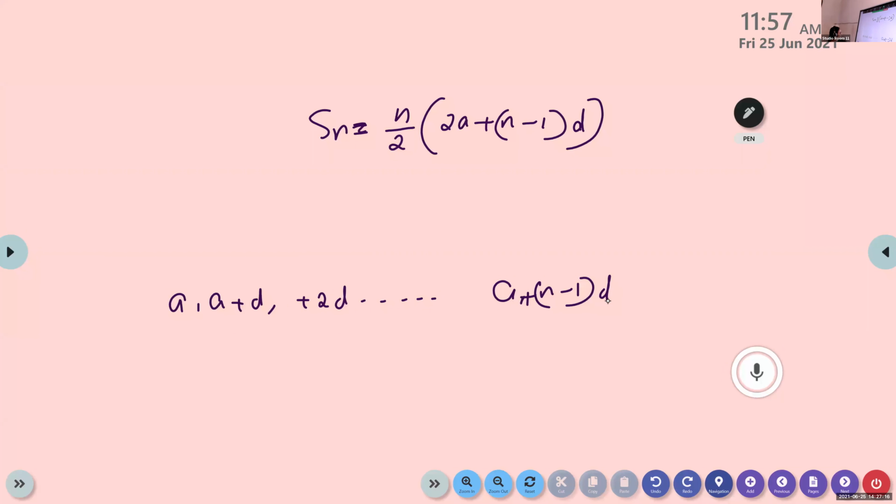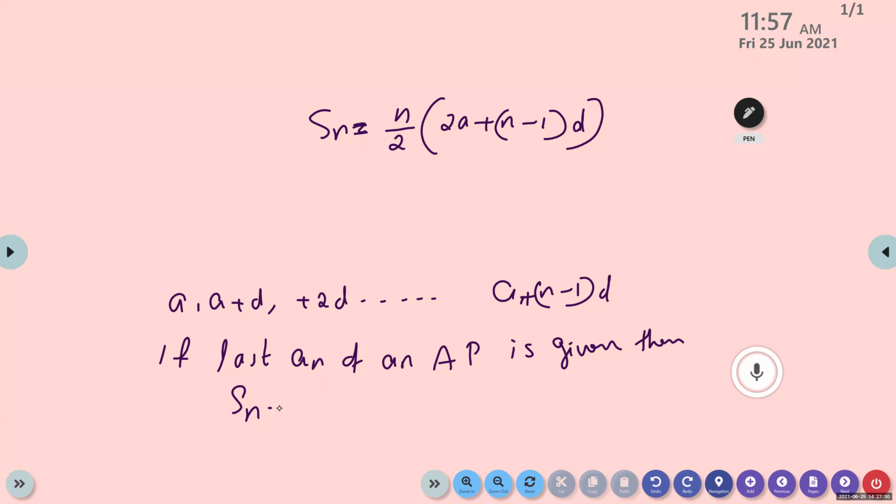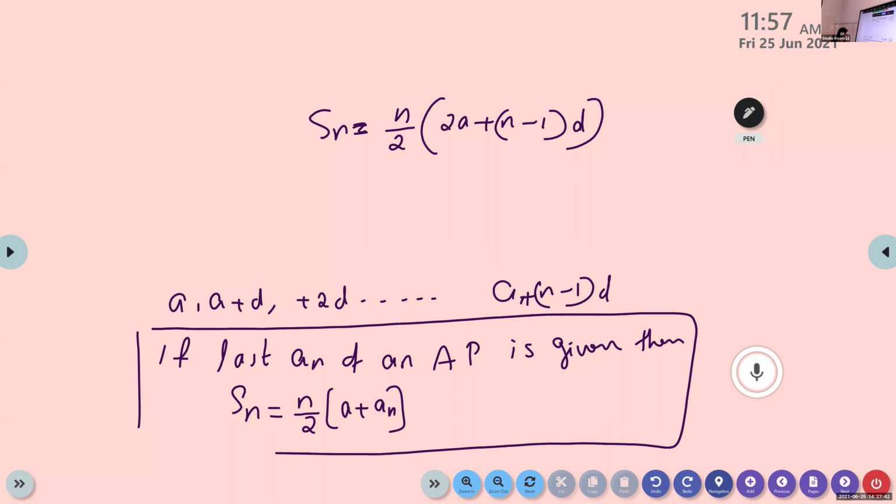So if the last term an of an AP is given, then Sn equal to n by 2 into a plus an. Only this is enough. If the first and last terms are given, we can easily find the sum of the AP: Sn equal to n by 2 into a plus an.